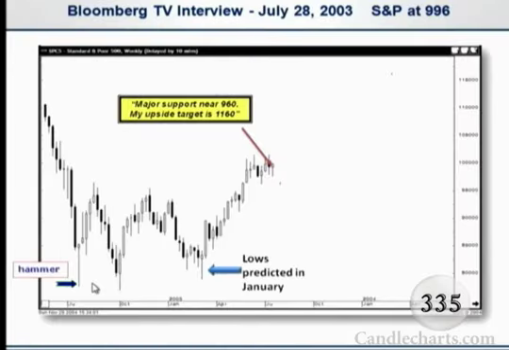Okay. These were the lows, by the way, I had predicted back in January with that interview. This is a weekly chart, by the way. On the daily chart over here in January, we had the head and shoulders. Okay. My target was down here at 775. Interestingly, on the daily chart, we had bullish engulfing patterns at these lows here. On this weekly chart, look what we had.